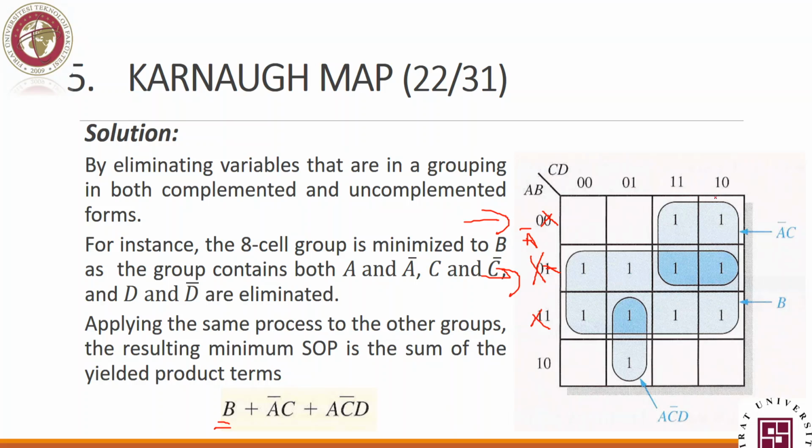All right, let's come and check here. What's common for these 2 here? We have C D, and we have C D bar. So here, D bar and D cancel each other. What's left? C. So what's left here? A bar C. Okay, A bar C.